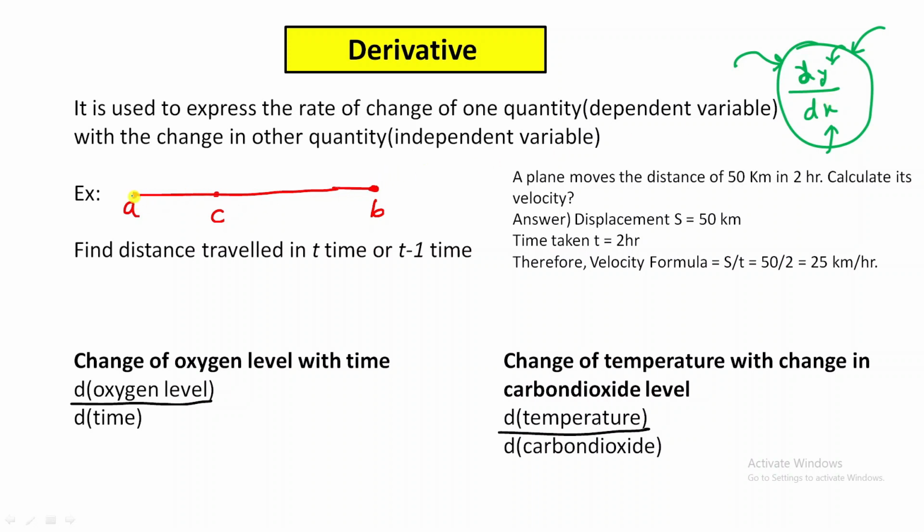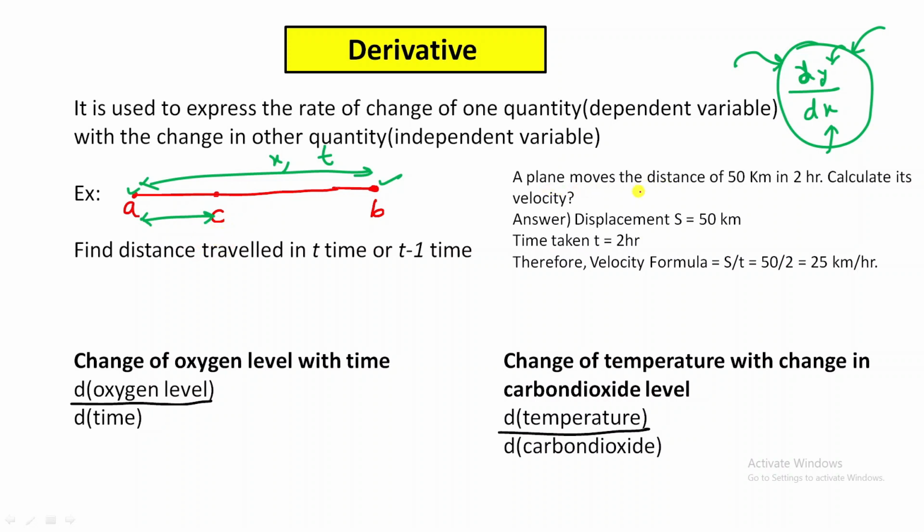For example, from A to B you take t time to travel a distance, let's say x. Now you want to find how much time it will take to travel the distance from A to C. Then you will need the concept of derivatives.